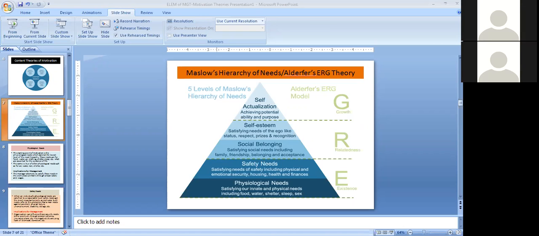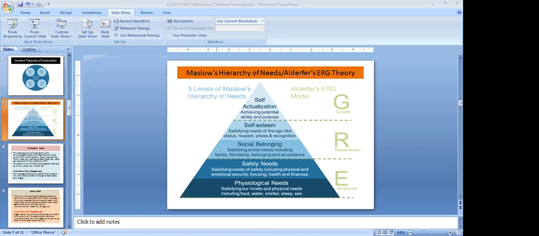These are things without which it will be very difficult for man to exist. These needs are placed, according to Maslow, under the physiological needs of man.